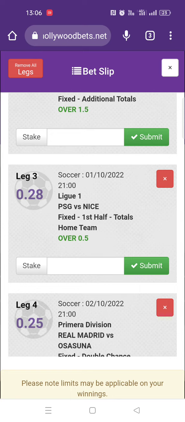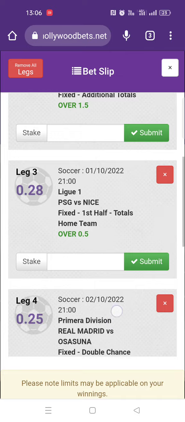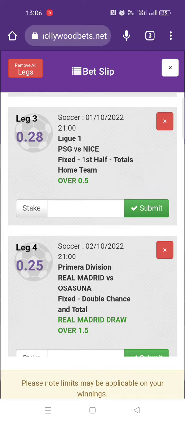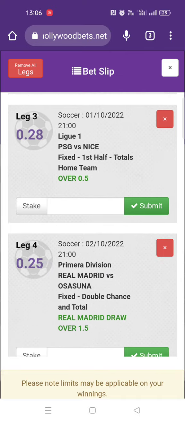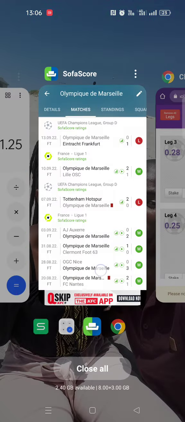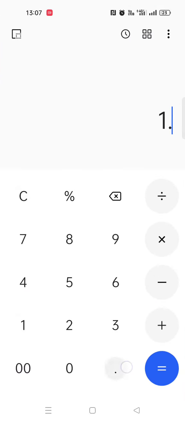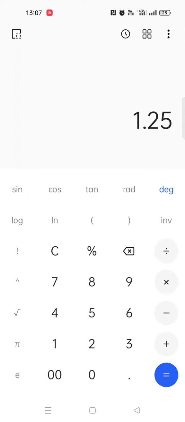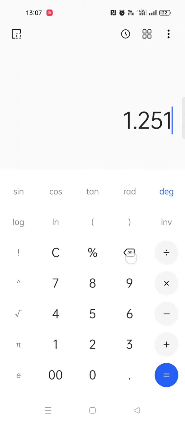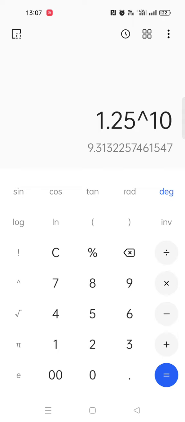You look for these obvious ones. Of course, the odds are not so big, but when you combine these odds, imagine if you have an average odd of 1.25. I'll take it to my calculator and show you the average odds of 1.25. What do they produce? This is it. If you have 10 teams, I'll make an example with 10 teams. Look at that. That's 10 teams.